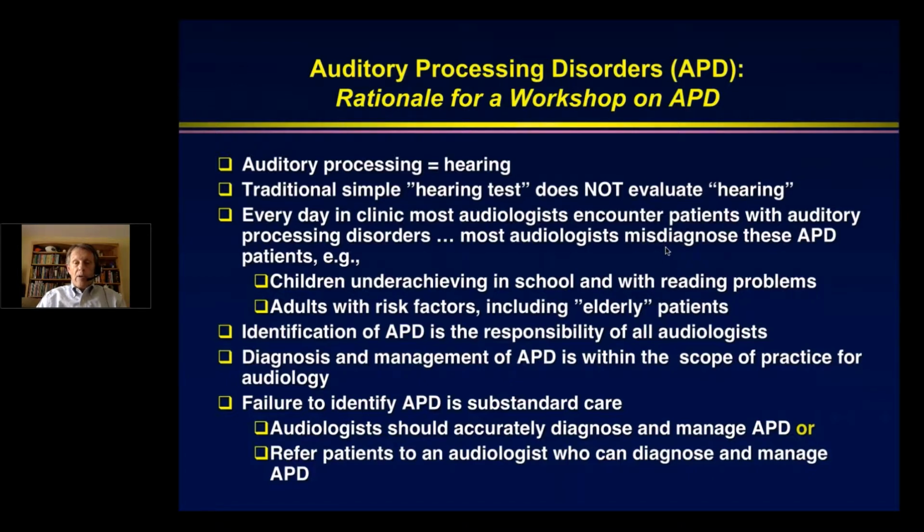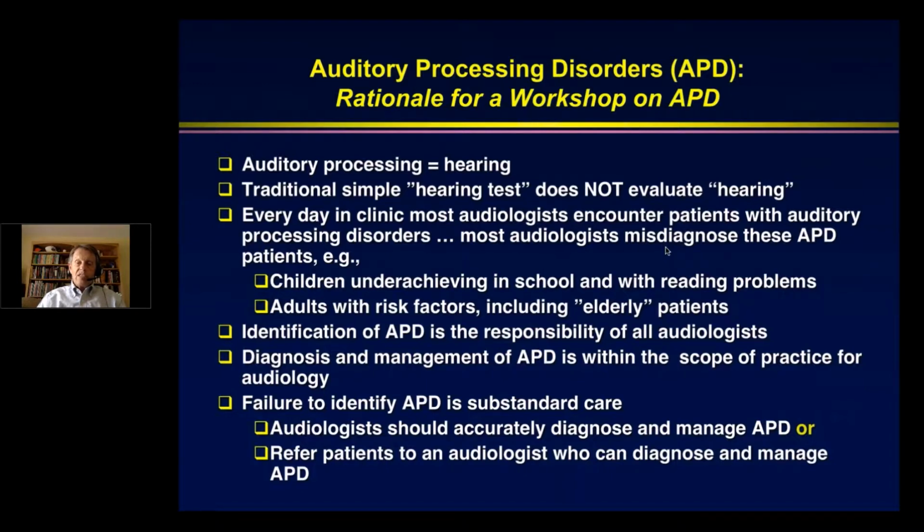And here's the really good news. Unlike peripheral hearing problems, say a sensory hearing loss, which is permanent very often, rarely is it reversible, auditory processing disorders can be reversible. The brain can change. This is called neuroplasticity. And with the right intervention, it's amazing how quickly auditory processing skills can improve.